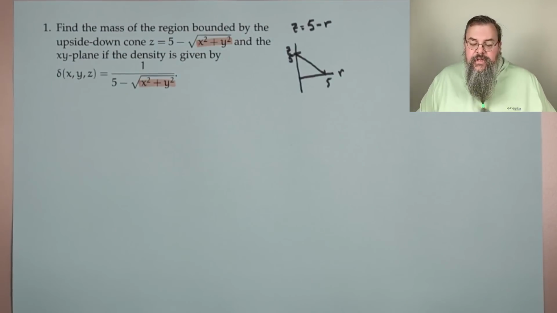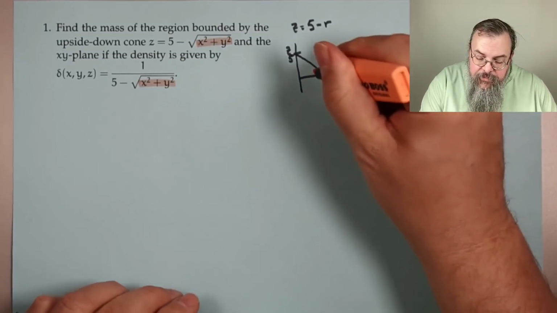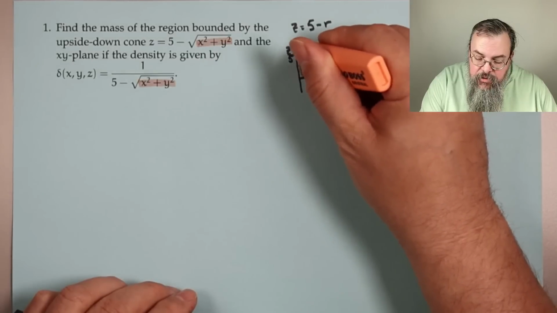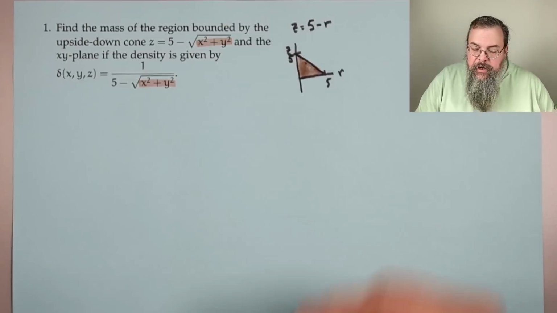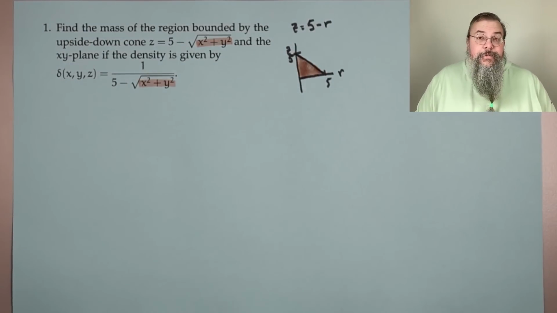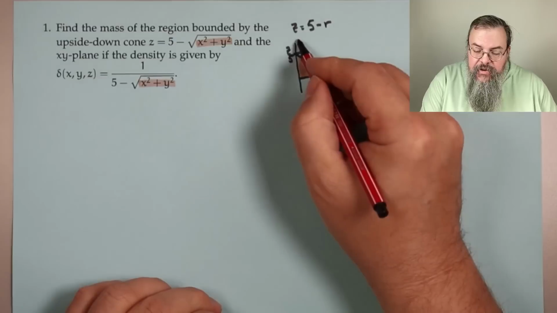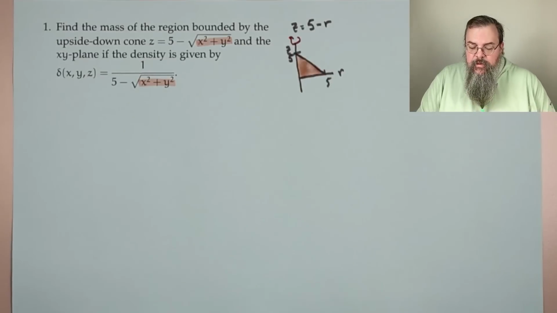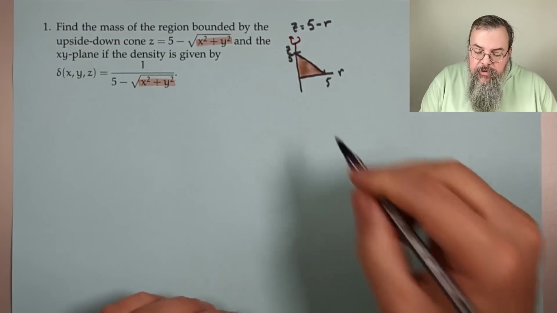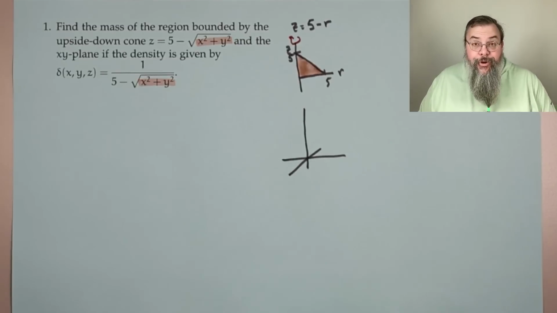So in terms of the RZ plane, we see a triangle. Now, how do we form our solid? Well, we can spin it. So spin this triangle around the z-axis, and what we'll get is, as was mentioned, an upside down cone.